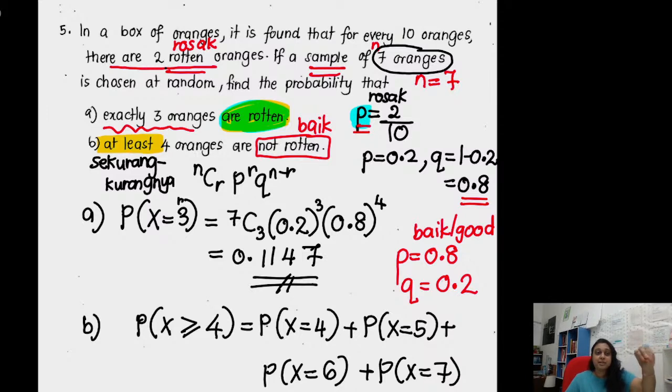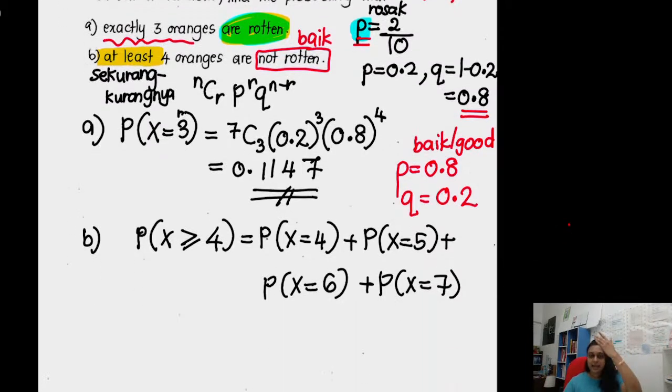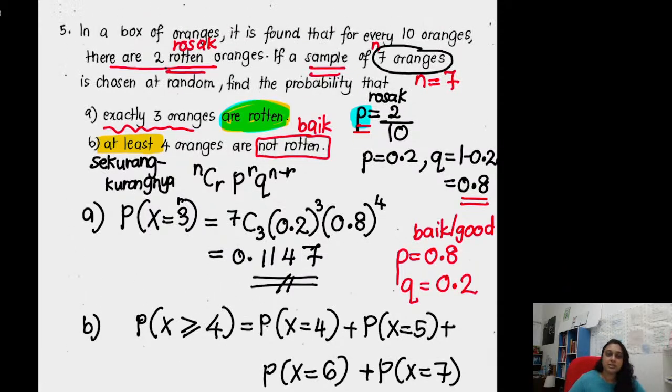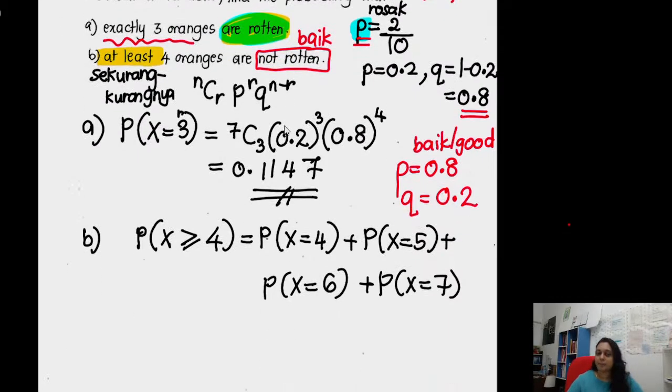Kita punya eksperimen dia buat dengan sampel 7 orange sahaja kan? Jadi stop dekat 7. No need to continue until 10. Some students confuse teacher: here got 10 what? Why you didn't take until 10? No, don't take. That one is not a sample. They didn't do experiment with 10. They do experiment with 7 only. So that's why you stop at 7.